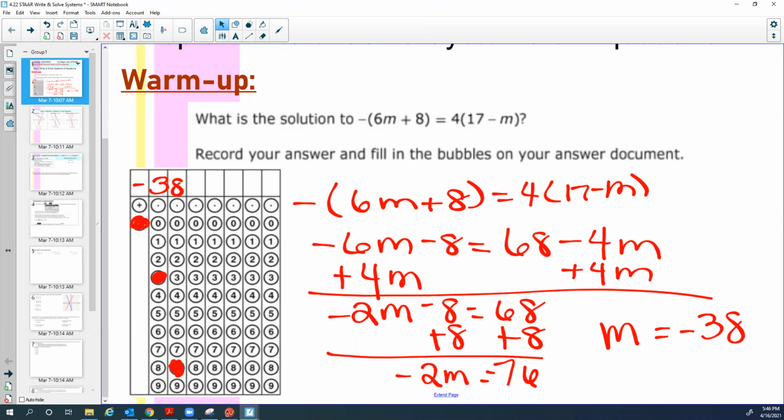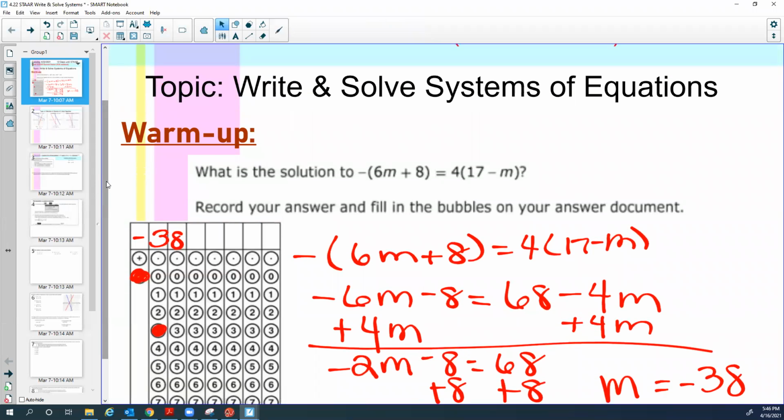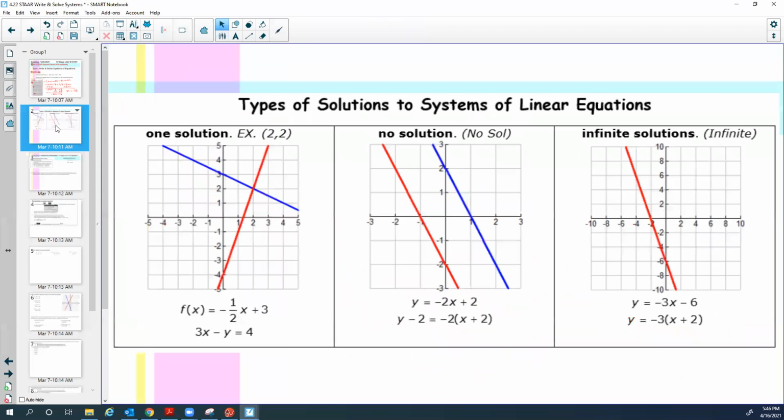All right, let's get to now today's topic of writing and solving systems of equations. Systems of equations. That was back where we would graph two linear equations. Sometimes we would have one solution where the two lines would cross one time. So there's only one time they cross.